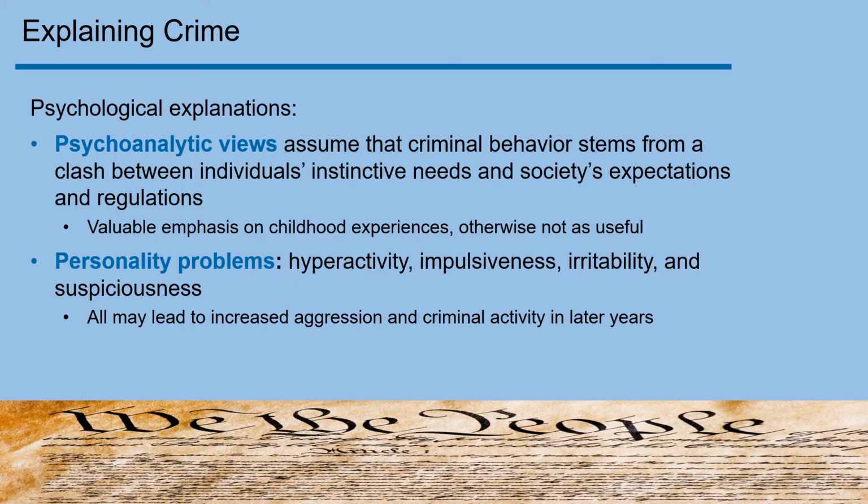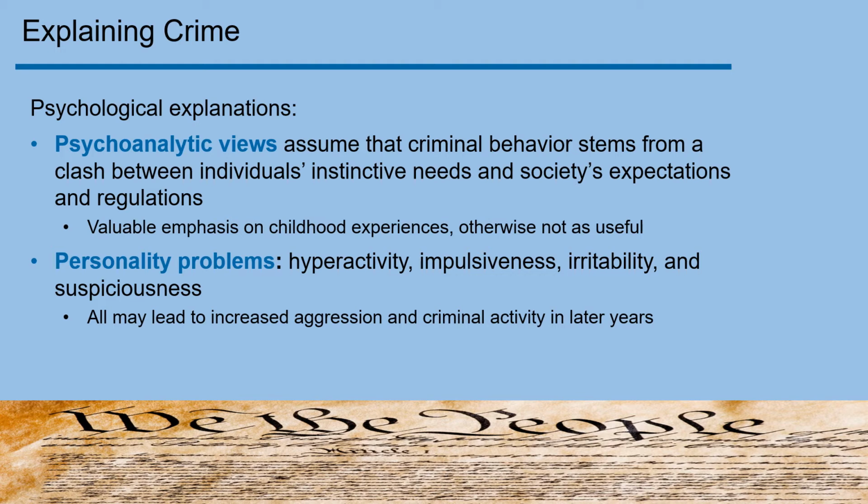So the book gives us two psychological explanations for crime. One is the psychoanalytical view, which focuses on the work of Sigmund Freud, and says that basically crime results from a clash between a person's needs and society's expectations, and how the id, superego, and ego clash.